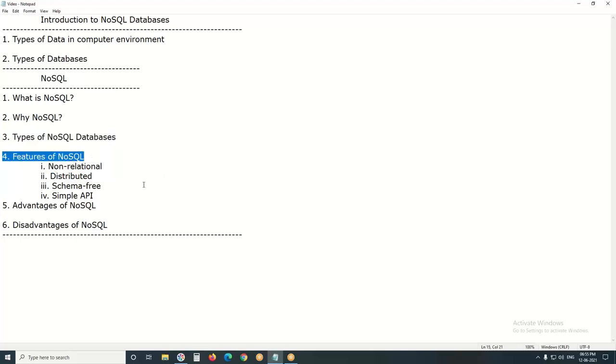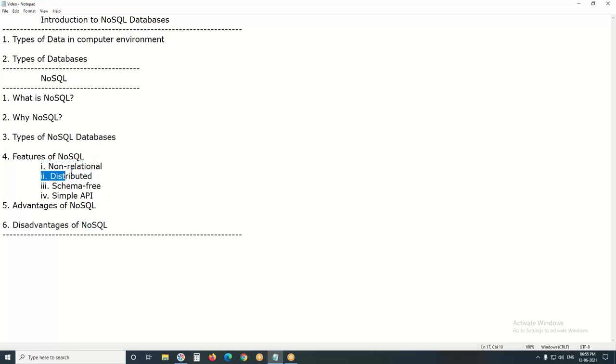Next, important features of NoSQL. First, non-relational. NoSQL databases never follow the relational model. They don't use object relational mapping and data normalization, and have no complex features like query languages and query planners.